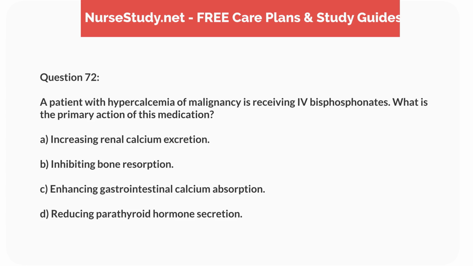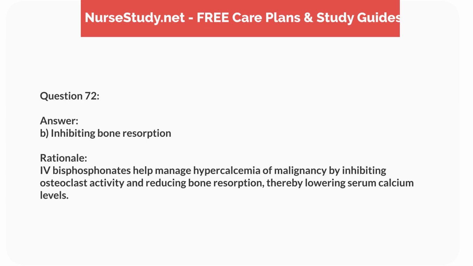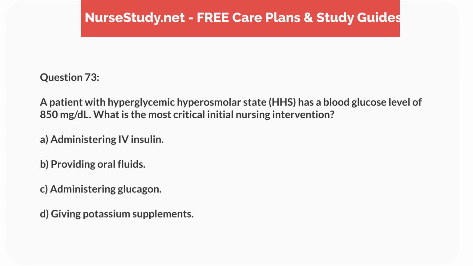D. Reducing parathyroid hormone secretion. Answer: B. Inhibiting bone resorption. Rationale: IV bisphosphonates help manage hypercalcemia of malignancy by inhibiting osteoclast activity and reducing bone resorption, thereby lowering serum calcium levels.